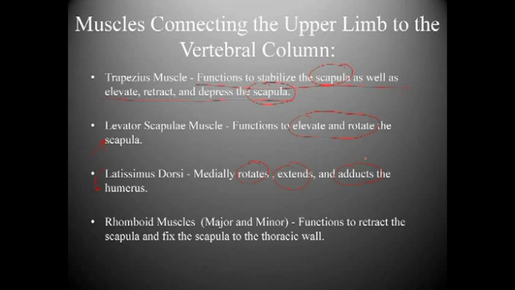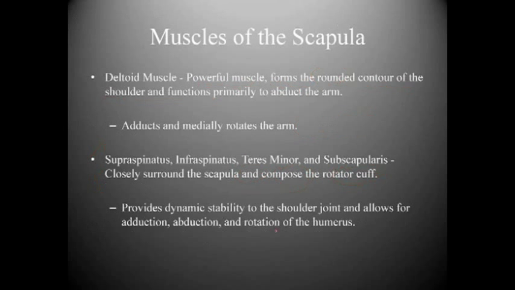The rhomboid muscles, major and minor, function to retract the scapula and fix the scapula to the thoracic wall. So it's going to try and hold the scapula more so in place to the thoracic wall, so that the scapula, when things are moving, doesn't just completely impinge on the movement of the shoulder.